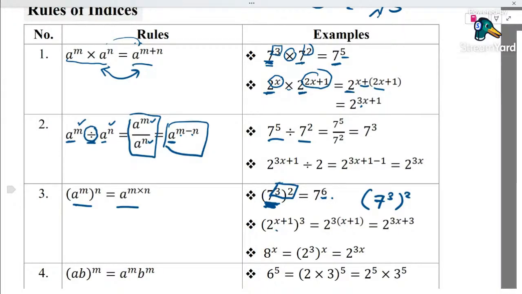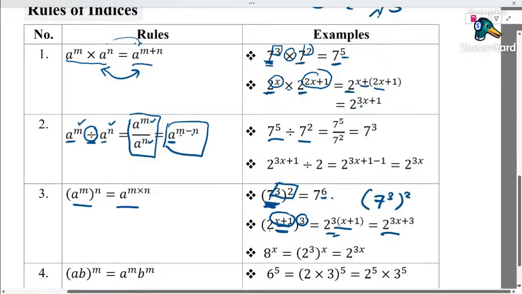A more complicated example you can see at the bottom. 2 power of x plus 1, this is the power for base 2, and this whole thing we power further with 3. So the result, I will have 3 multiplied with x plus 1, and as a result we have 2 power of 3x plus 3.